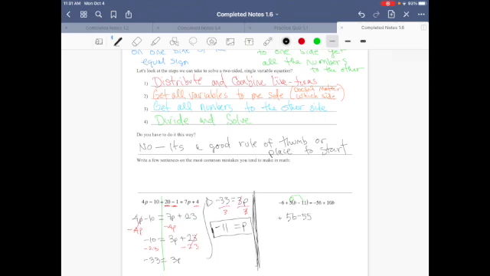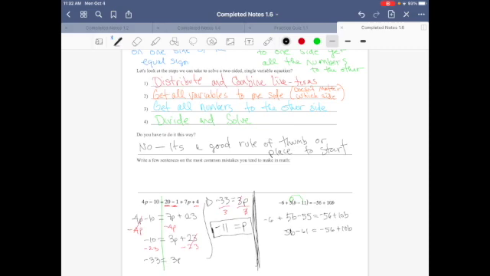And then we got plus this -6 over here equals -56 plus 10b. So then I've got some like terms. I've got -6 and -55. That's going to give us -61 equals -56 plus 10b.